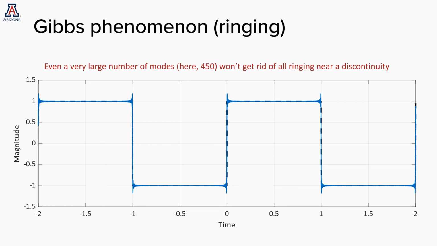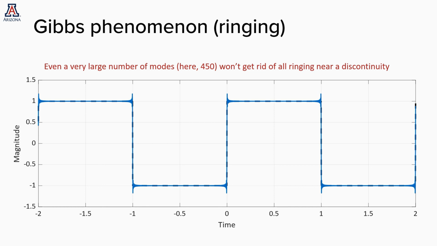And basically, as you increase the number of modes toward infinity, you can never get rid of that ringing if you've got a discontinuity. It does approach a steady state amplitude, so you do reach a good enough solution eventually, or rather as good as it's going to get solution, but it's never going to go away entirely.